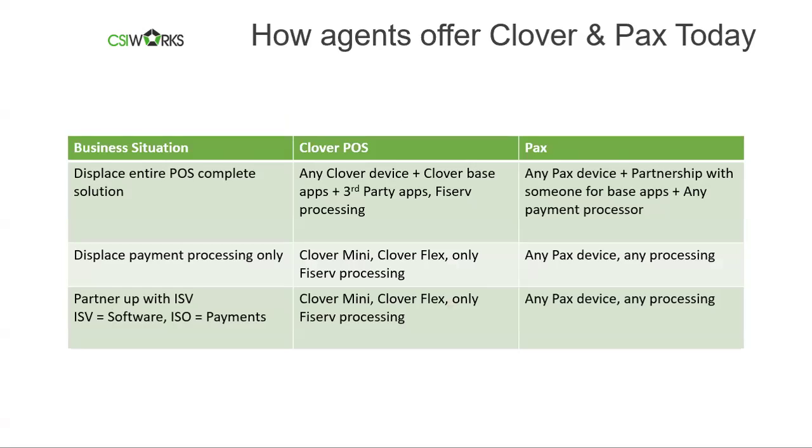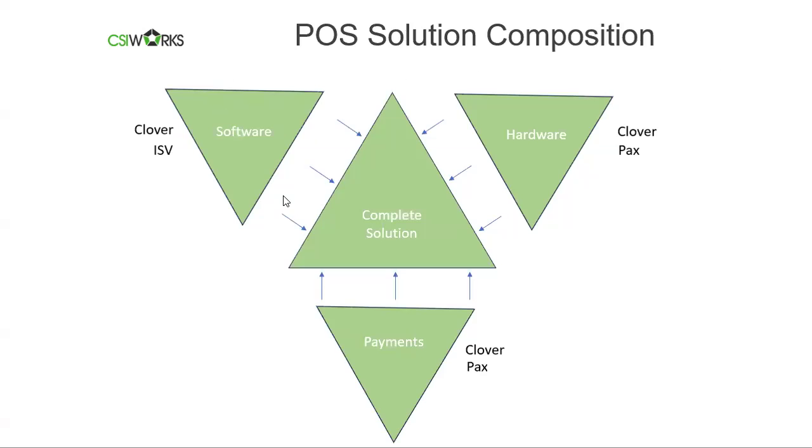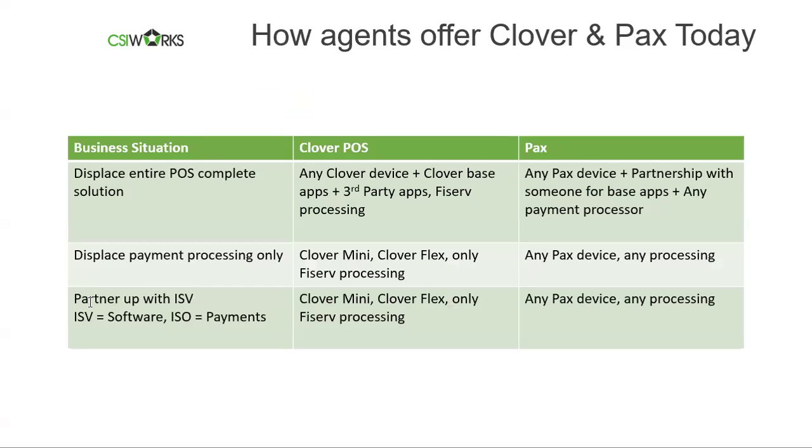So, the last slide. How do agents offer Clover and PAX today in relation to this slide? If an agent needs to displace an entire POS, in other words, if they're going into a business that has an entire POS solution, or they're approaching a business that doesn't have anything and needs a solution, for Clover they can offer any Clover device.